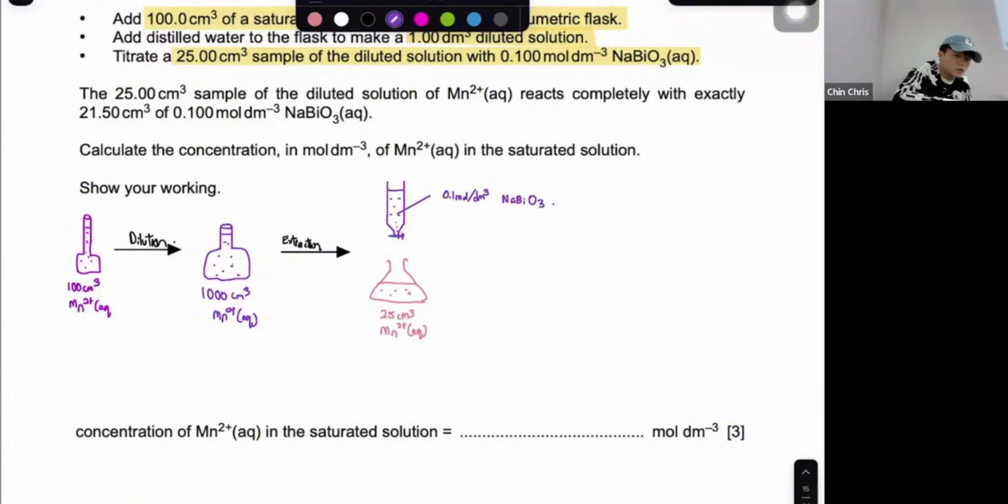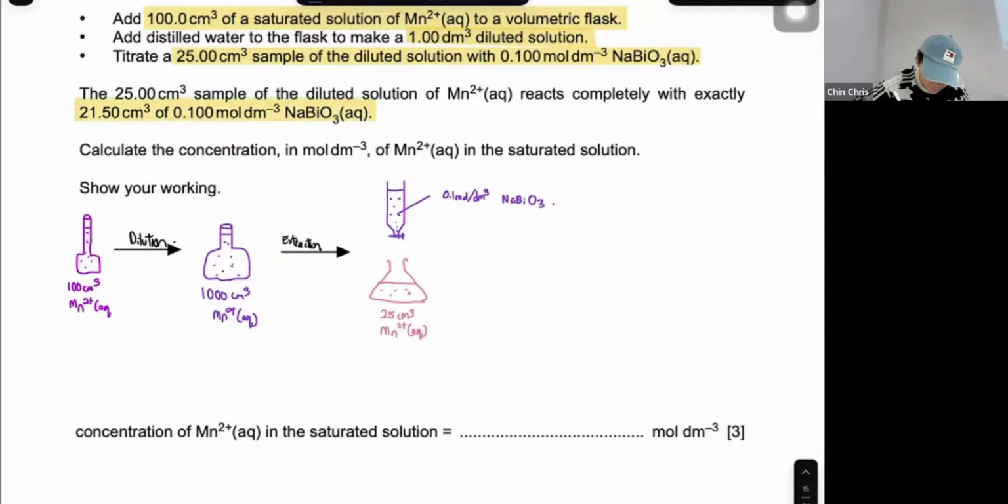And how much NaBiO3 is needed? This amount is needed. Tell me. Show it out, and after that I'll teach you how to do the next part.